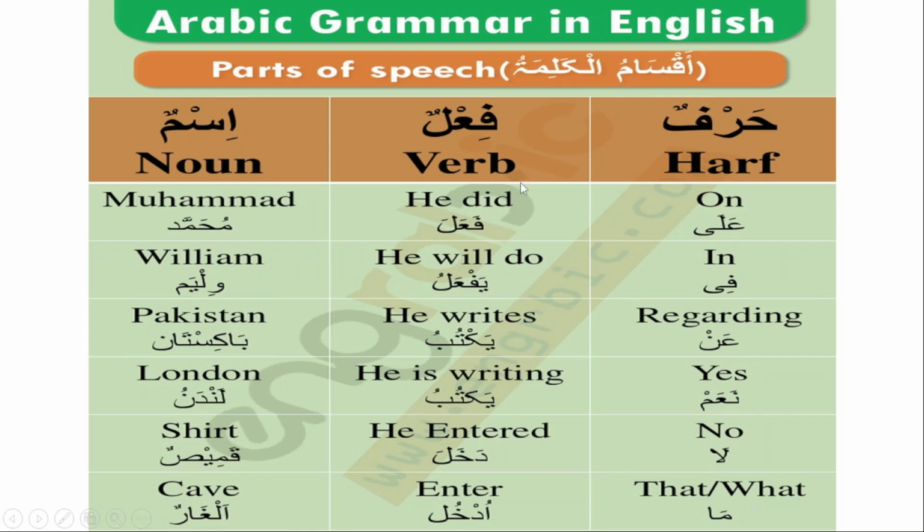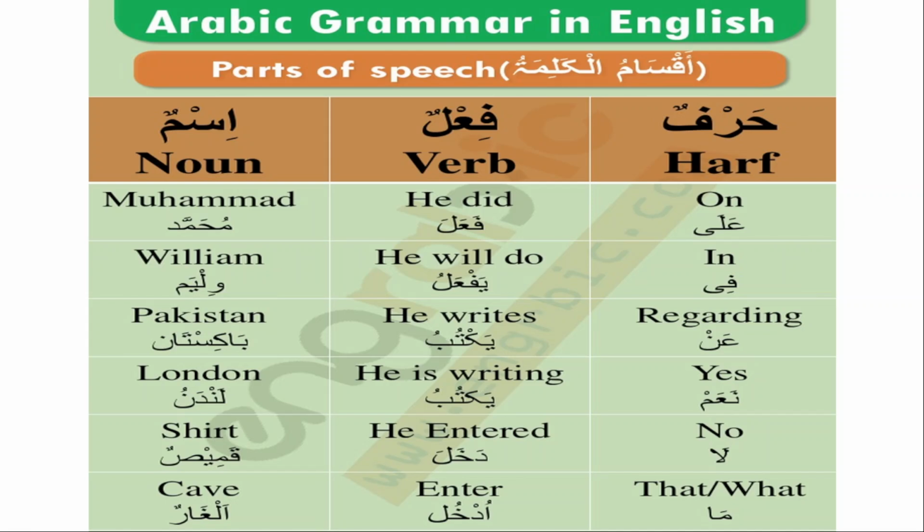Okay, now fi'l. He did, fa'ala. He will do, yaf'al. He writes, yaktub. He is writing, yaktub. He entered, dakhala. Enter, udkhul. Okay, ism examples include Muhammad, William, Pakistan, London, qamis, shirt, al-ghar, cave. Okay, so these are all the examples of harf, verb, and noun.